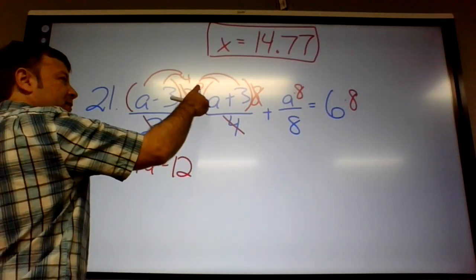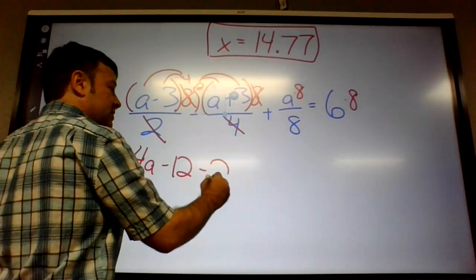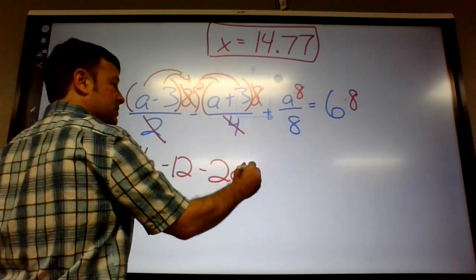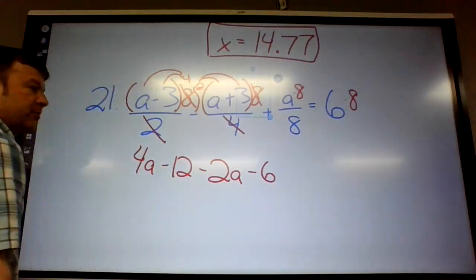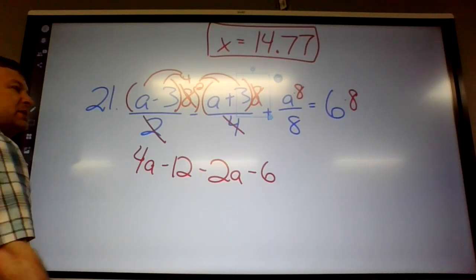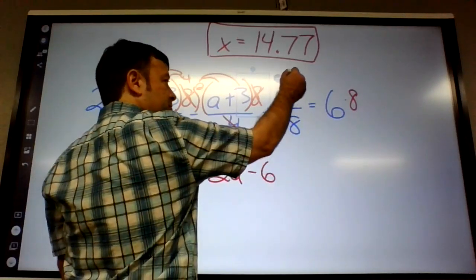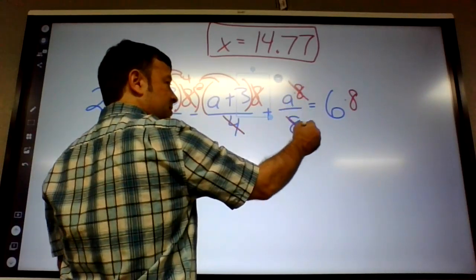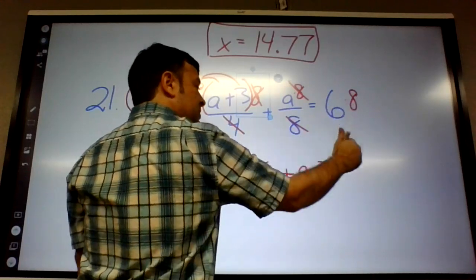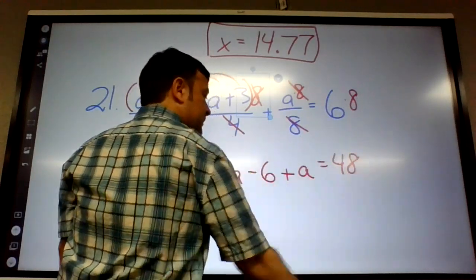So it's negative 2 times A and negative 2 times 3. They're both minus. Gotta subtract both of those terms. Tough ones, huh? And then on this one, 8 divided by 8, this cancels out. It's just an A. And on this one, 6 times 8 is 48.